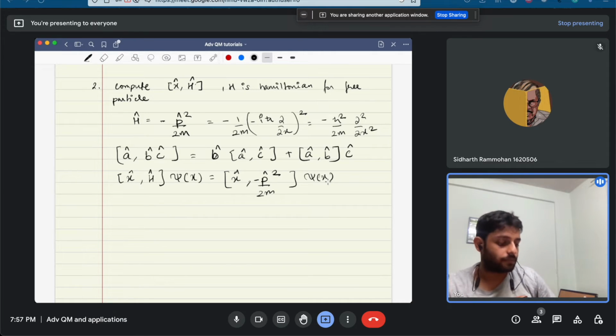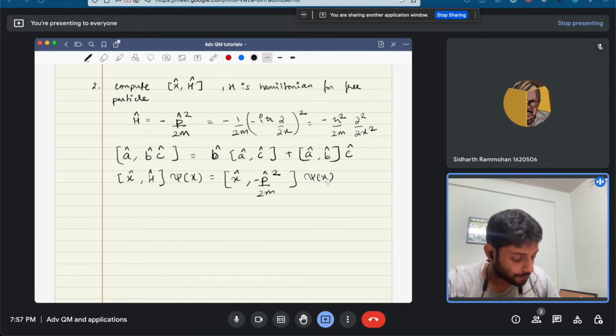Now the coefficient part, that is minus 1 by 2m, can be taken out because it always commutes, so we only consider the operators here, and 1 by 2m comes out: [x, p squared] psi of x.